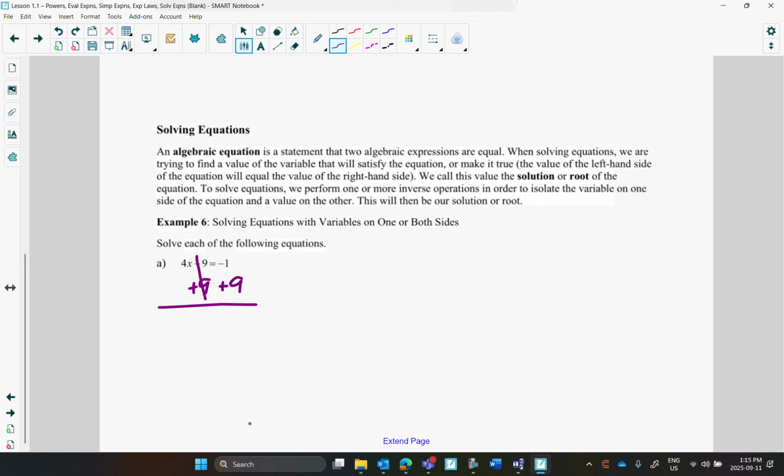So we're left with 4x is equal to 8. Last step to get x by itself: divide by 4. Therefore, x is equal to 2.